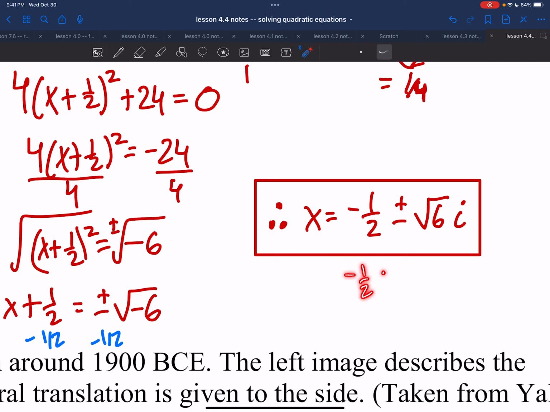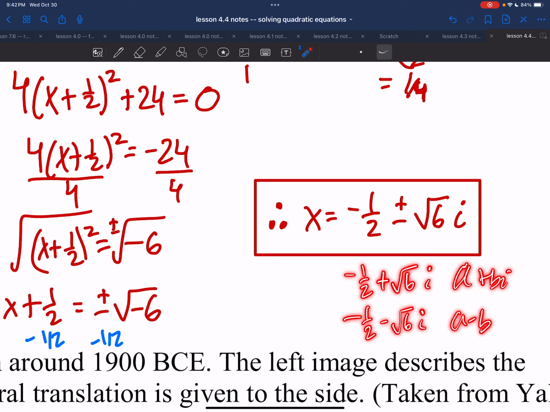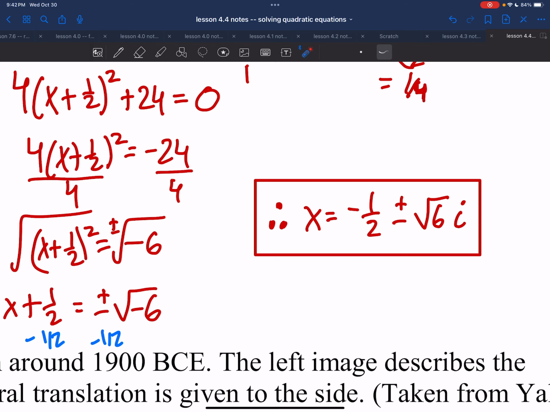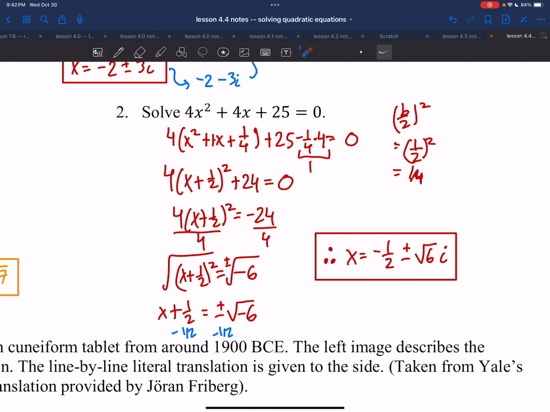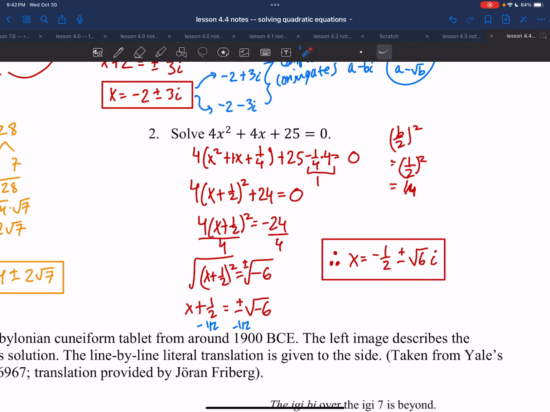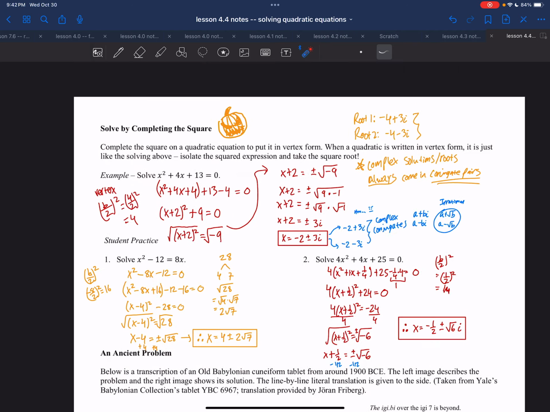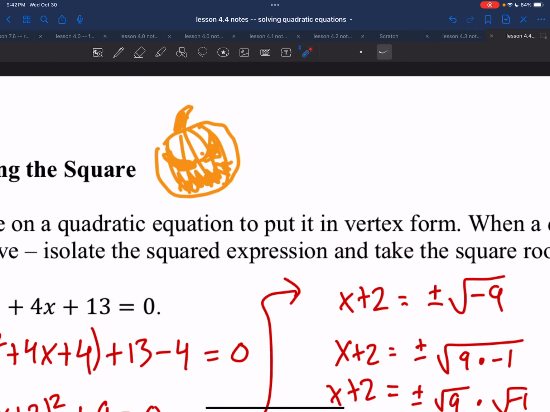It's -1/2 plus root 6 i, and -1/2 minus root 6 i. So that, again, is following a plus bi, a minus bi, conjugate pairs. Yeah? Cool. Okay, there is that. And that is the completing the square method. Beautiful. And that's my jack-o'-lantern.